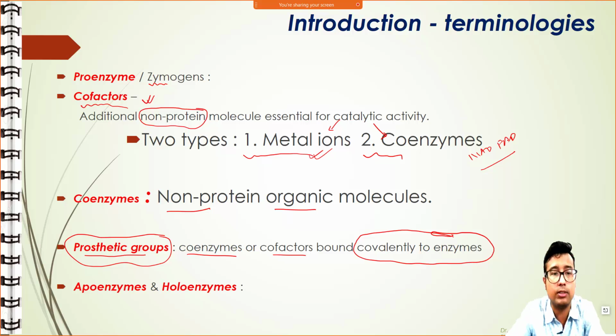So these concepts should be very clear for viva. Next are apoenzymes and holoenzymes. Apoenzyme is basically the incomplete enzyme, or only the protein form of the enzyme. When we add the apoenzyme with a cofactor, the whole functional unit is completed, and then we get holoenzymes, right? So these are a few basic terminologies that should be very clear.